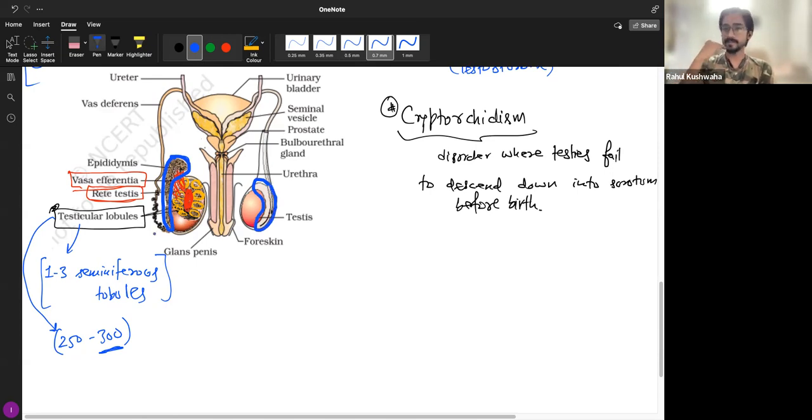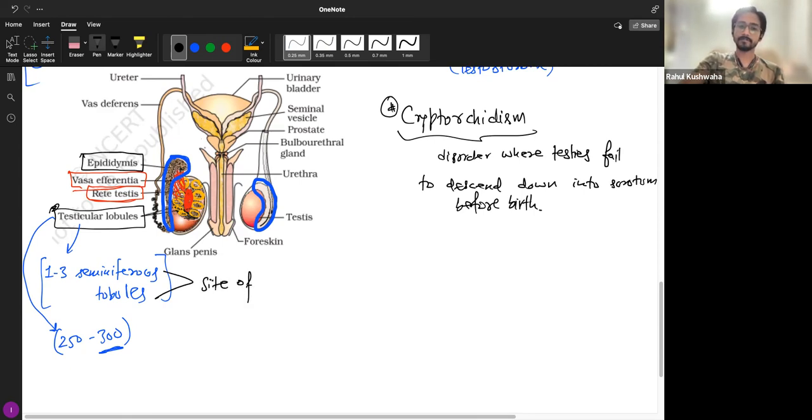That's called the epididymis. And the epididymis is a very important organ from the male spermatogenesis point of view, because write down 2 things right here, which we will discuss again and again so that it sets in your head. Inside the seminiferous tubules, the sperm is formed. So this is the site of structural maturation of sperm.